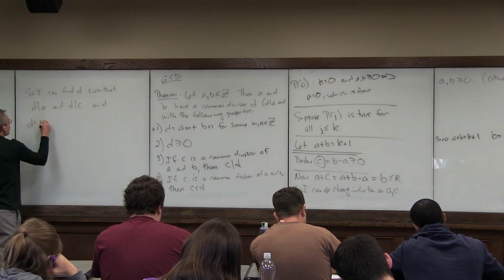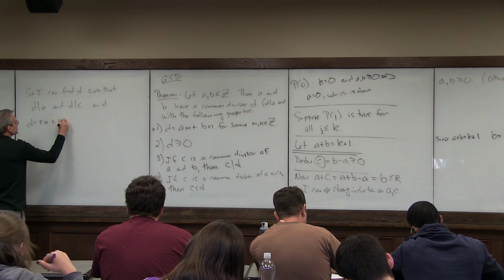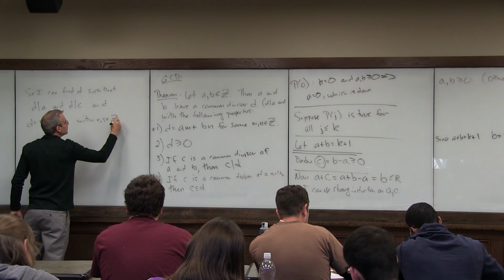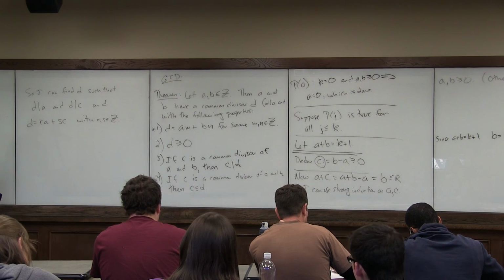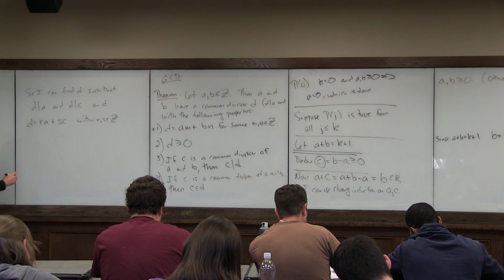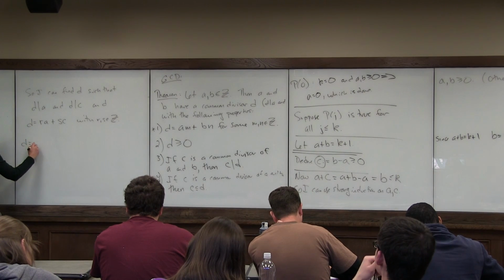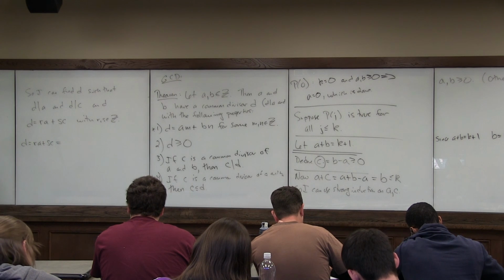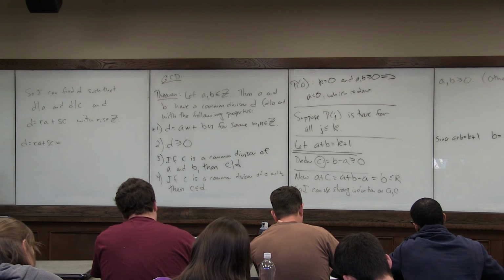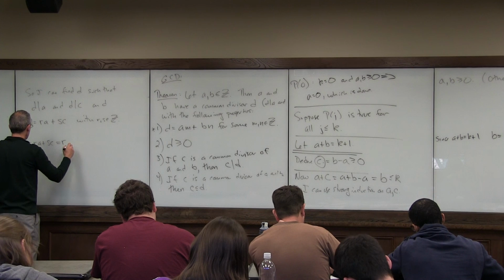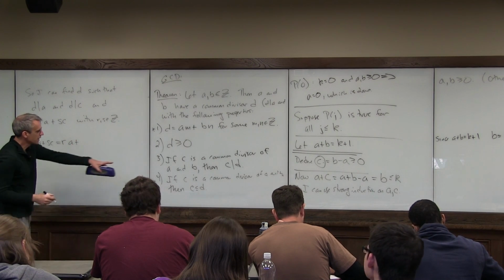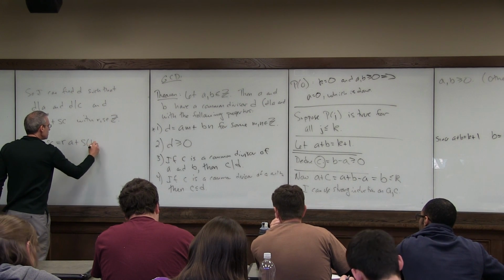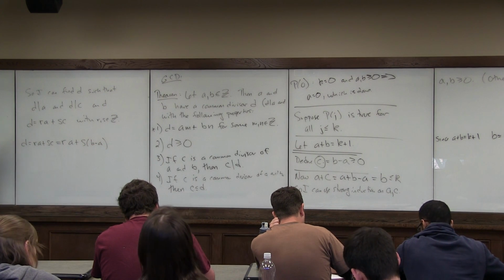So let's say D equals RA plus SC with R and S elements of Z. But let's look at this carefully. If I replace C again by B minus A, what do I get? RA plus S times B minus A. And how can I now rewrite this?